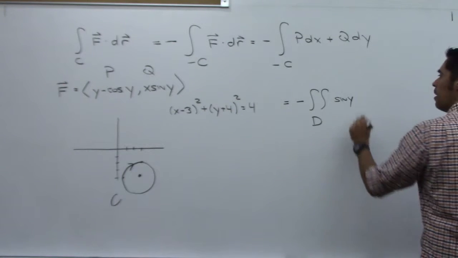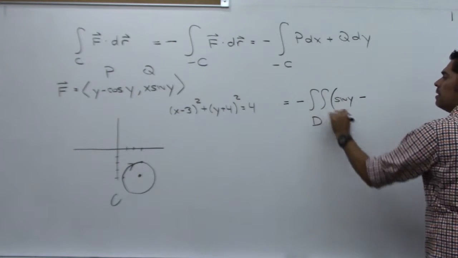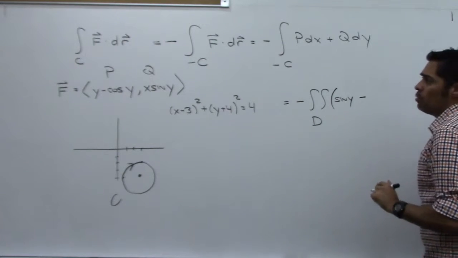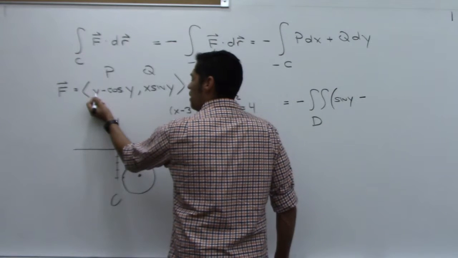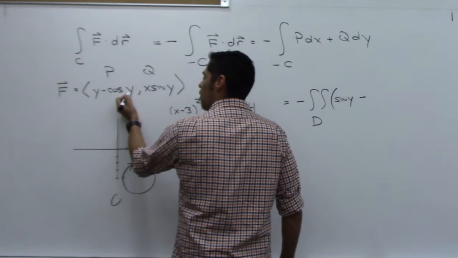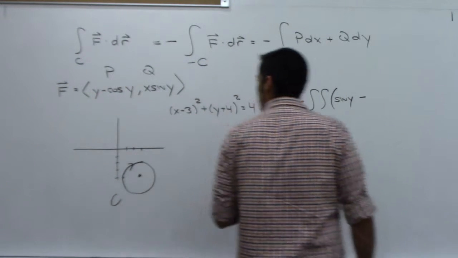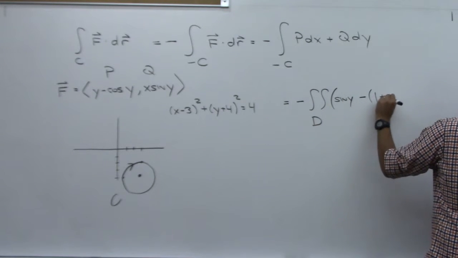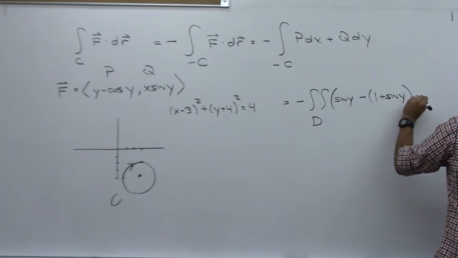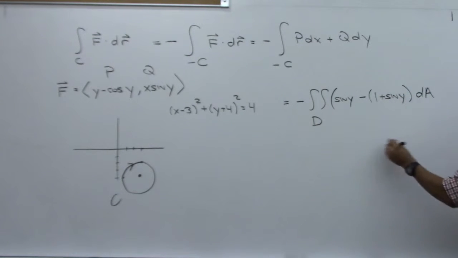And then minus the partial of P with respect to y. If we take the derivative of P with respect to y, we get 1 minus the derivative of cosine y, which is negative sine y, so 1 plus sine y, dA. And notice here that the sine y terms cancel, and you just get a negative 1.